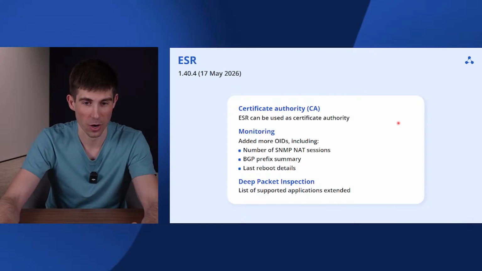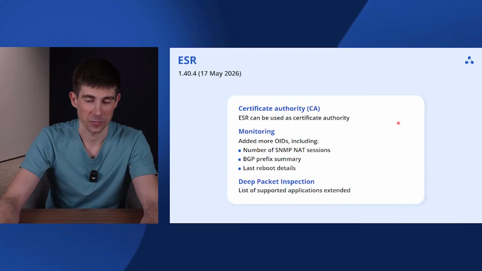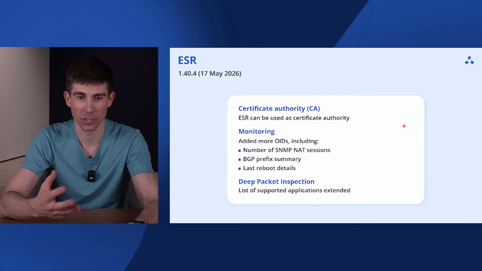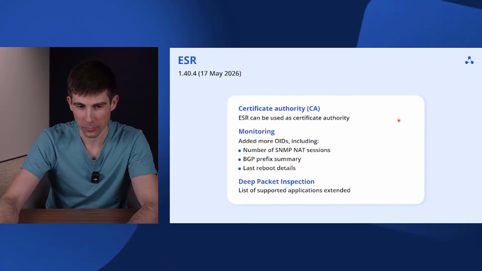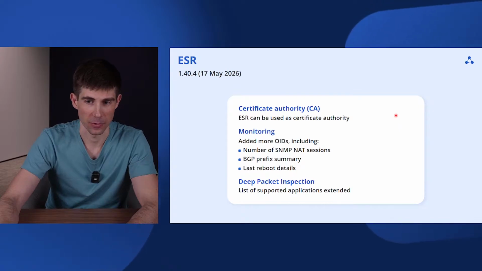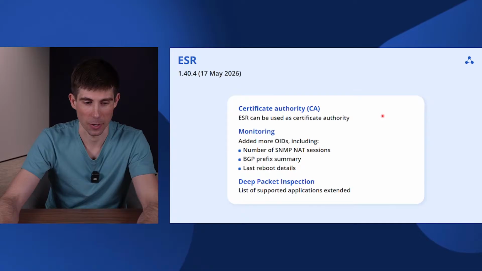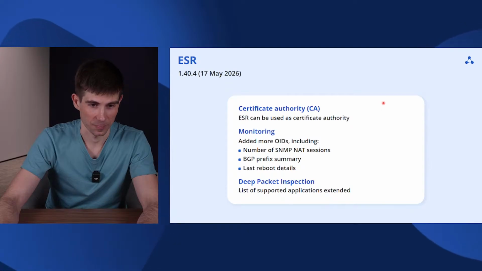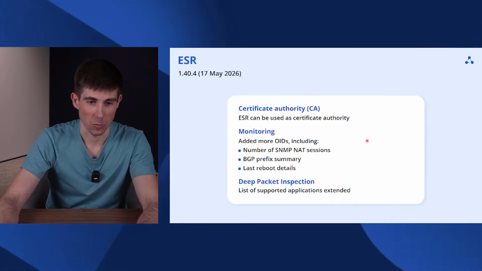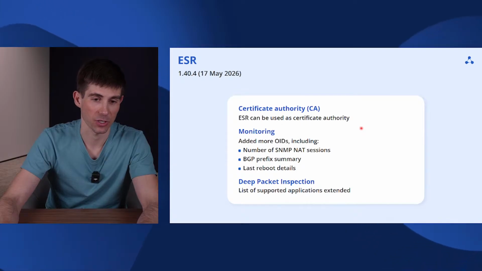So the router can act as a certificate authority, significantly simplifying the management of certificates and using them for signing and for setting up encrypted tunnels. There is more functionality, adding more SNMP functionality, OIDs added for monitoring.